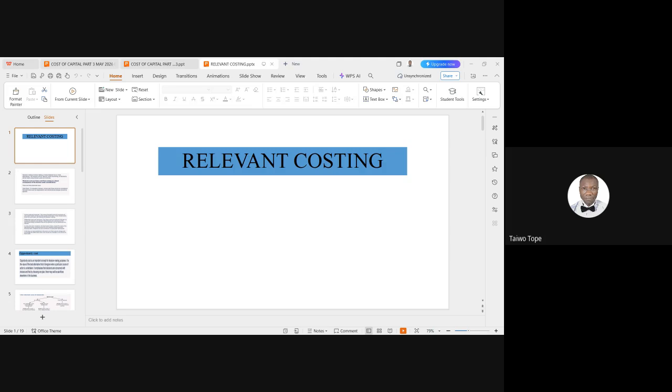There are some costs you've incurred some years past, some costs you've incurred academically.